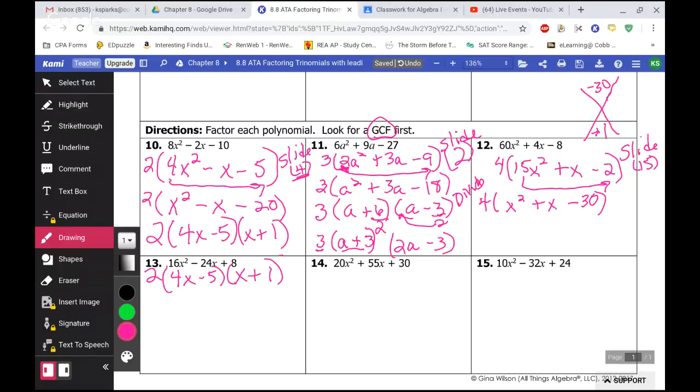Grayson, how about you try? What would give me a negative 30 when you multiply them, but when you add them, give you a positive 1? I don't know. There's 3 and 10, 6 and 5, 1 and 30.